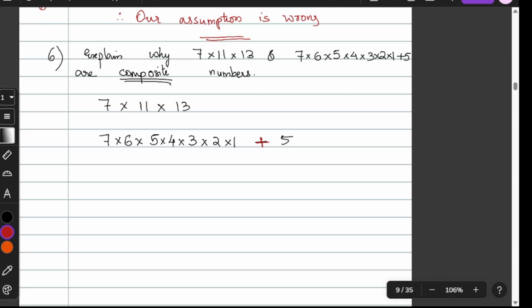This is the question. Something is missing here: plus 13 is also there. Okay, so plus 13.